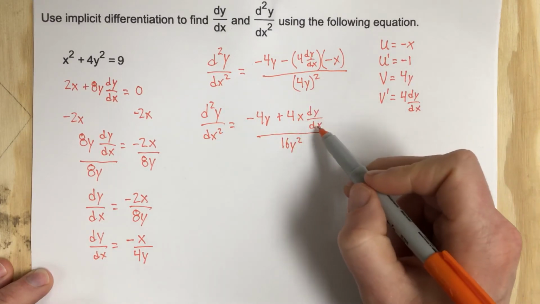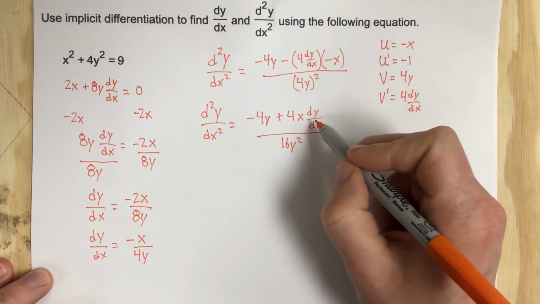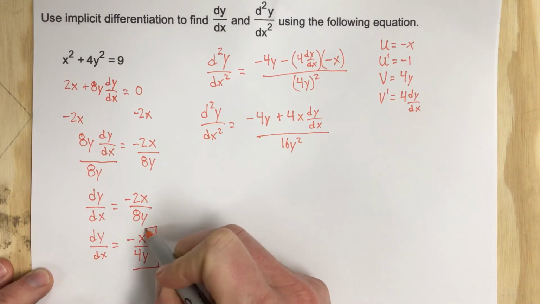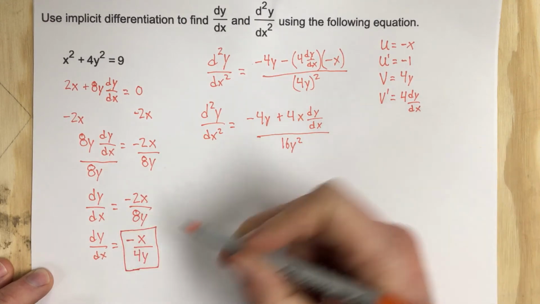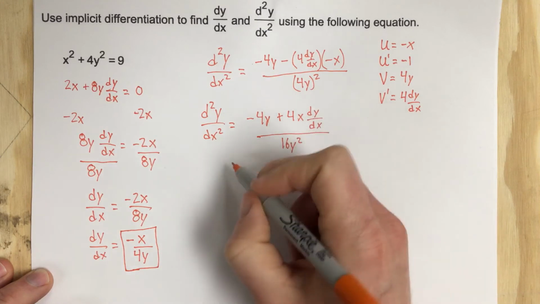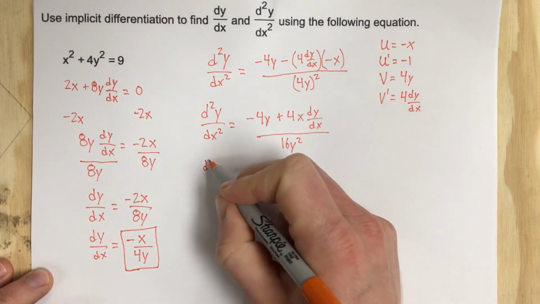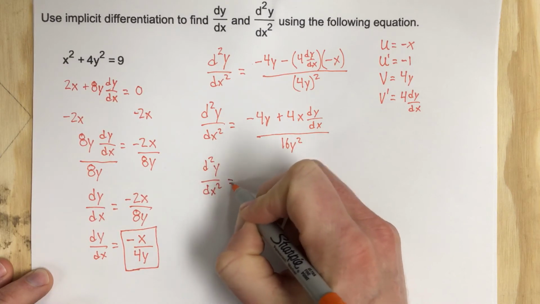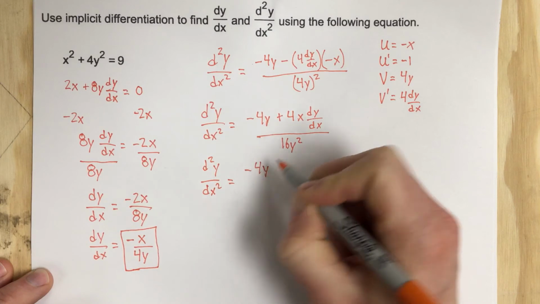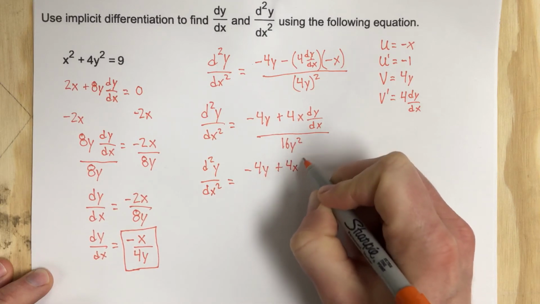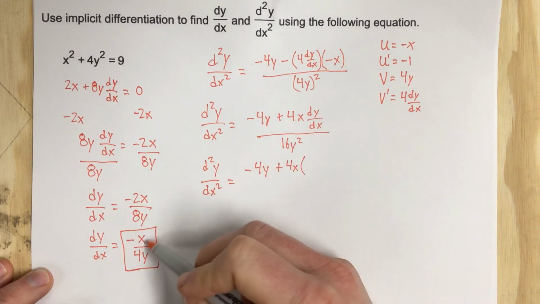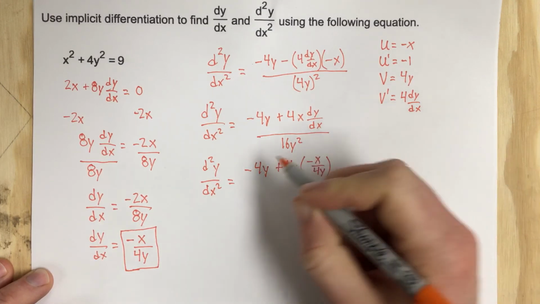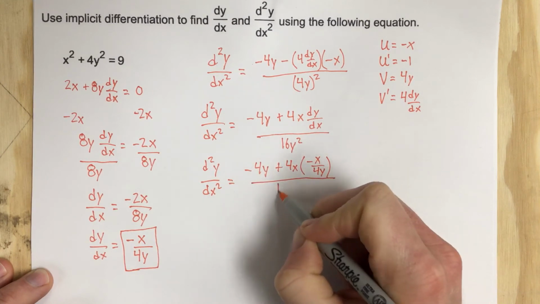Now, I have dy over dx in this second derivative, but I already know dy over dx is negative x over 4y. So I can replace that here and say that the second derivative with respect to x is negative 4y plus 4x, and then I replace dy over dx, the first derivative, with negative x over 4y. So this is over now 16y squared.